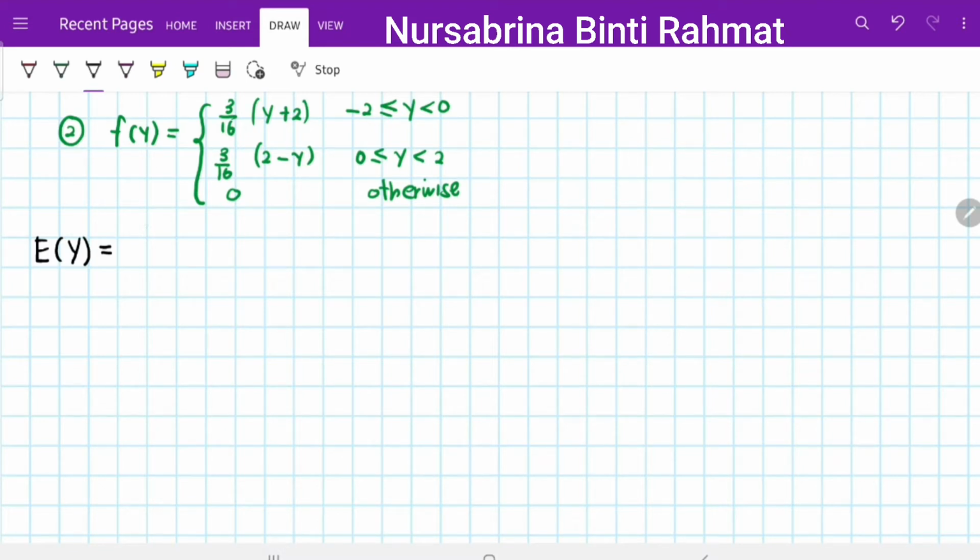Do you remember? E(Y) equals the integral of x multiplied with the given probability density function. Again, this one shouldn't be x since here we use y, so y multiplied with the given probability density function.